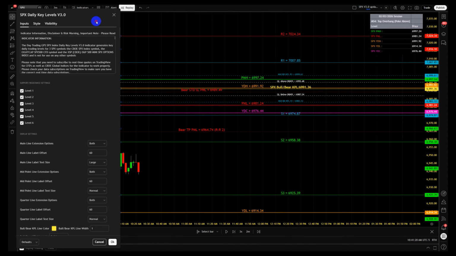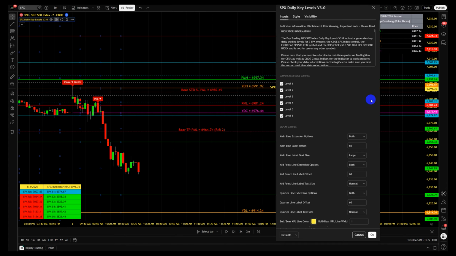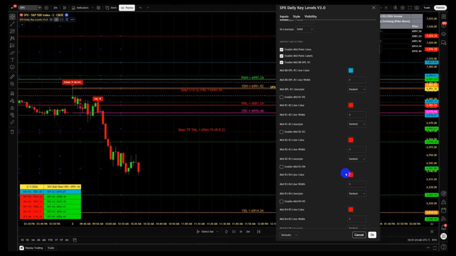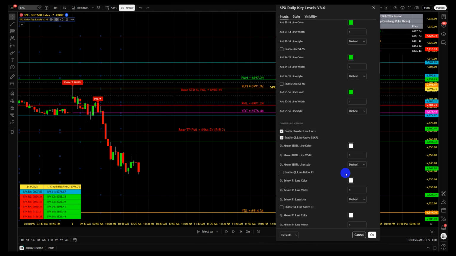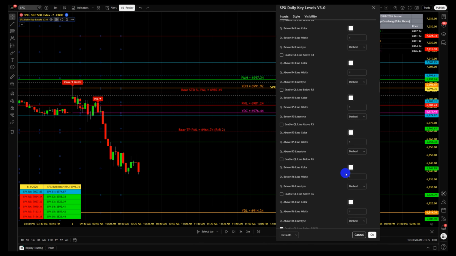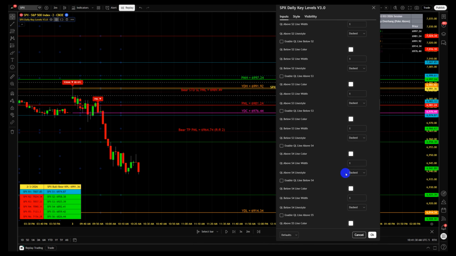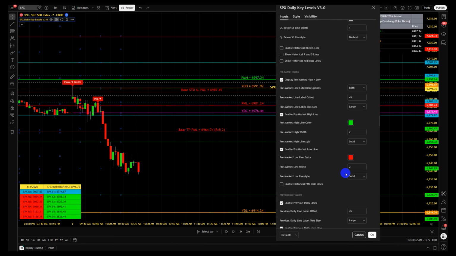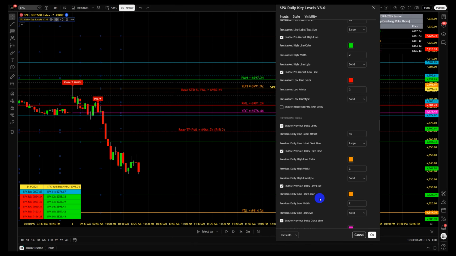So, for example, if you have the PMH and PML, that is a group by itself. Pre-market line label offset, they're a group by themselves, PMH and PML.